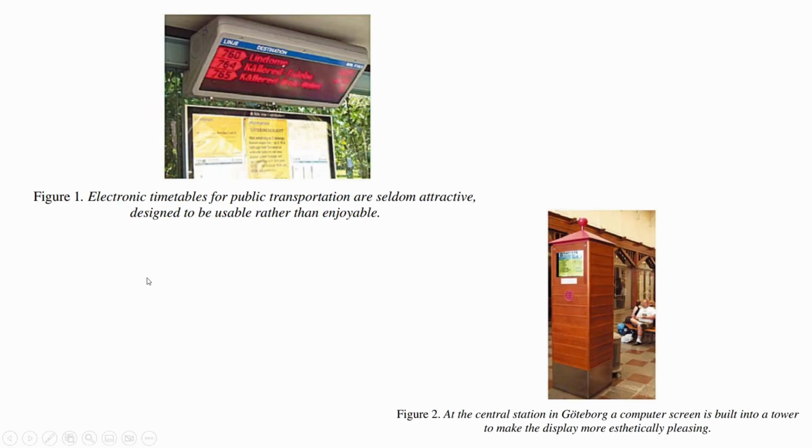Going through the book, they show how uninteresting the visuals are, how information is communicated uninterestingly with timetables for transportation, just red text on an electronic board, and then some effort of putting a computer screen in a tower, but if you look at it, there's still a lack of aesthetics.